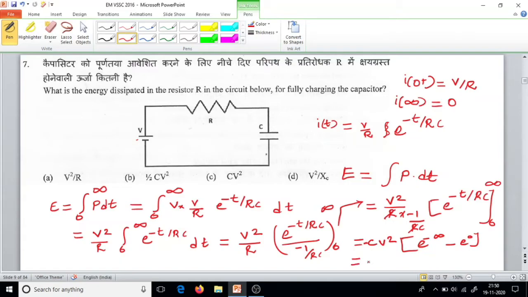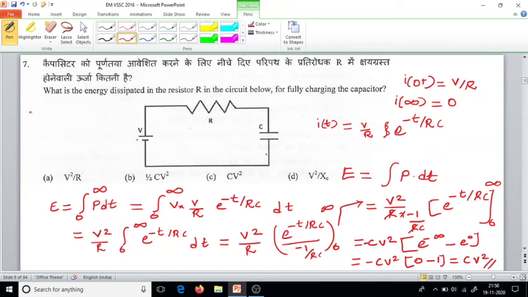It comes to minus CV square times (0 minus 1), since e to the power minus infinity equals 0 and e to the power 0 equals 1. So we get CV square.